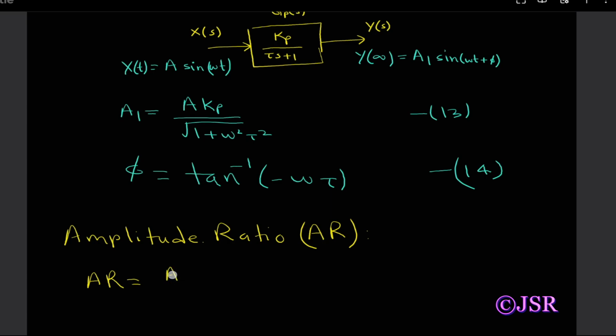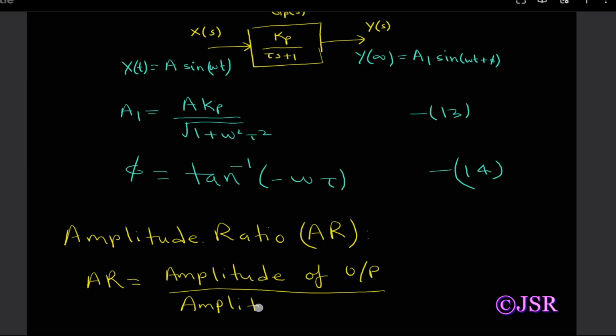So amplitude ratio is defined as the amplitude of output to the amplitude of input, right?